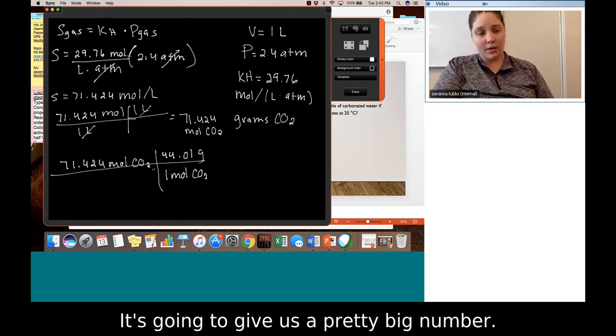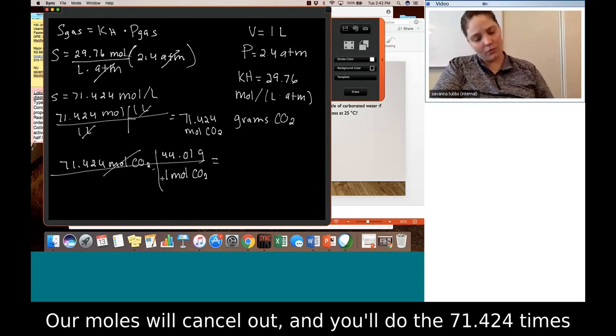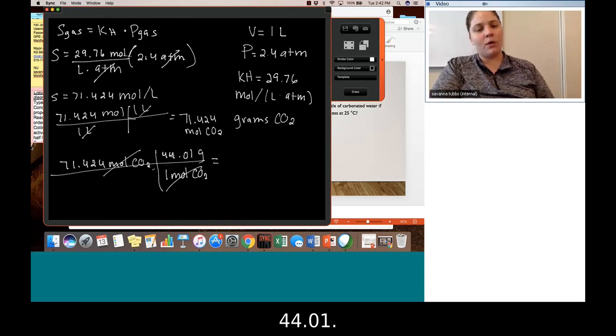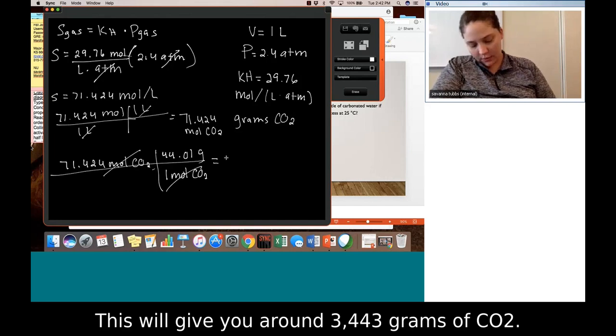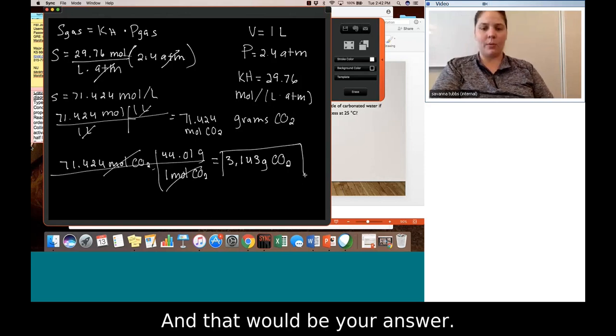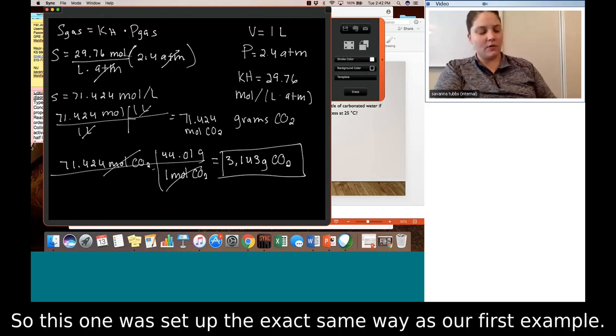It's going to give us a pretty big number. Our moles will cancel out, and you'll do 71.424 times 44.01. This will give you around 3,143 grams of CO2. And that would be your answer. So this one's set up the exact same way as our first example.